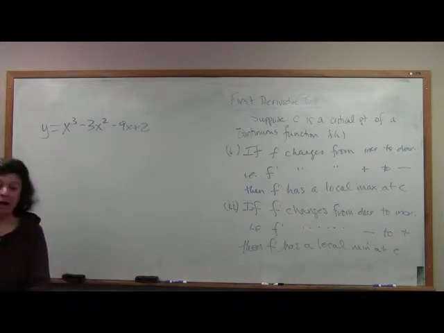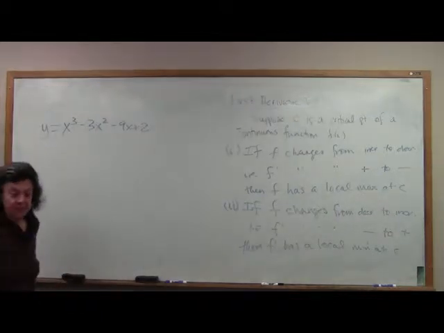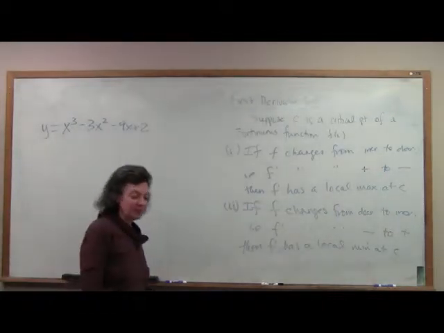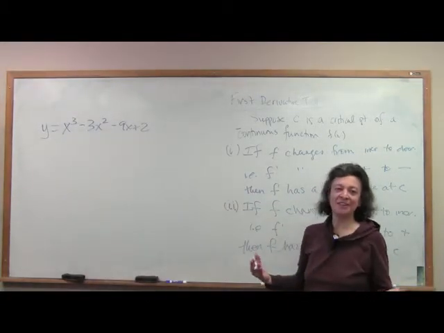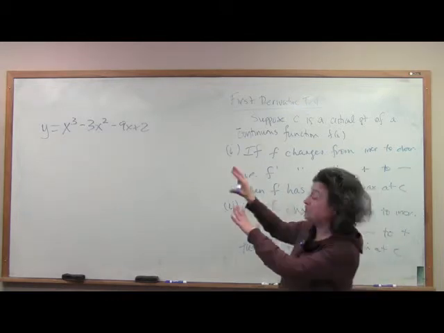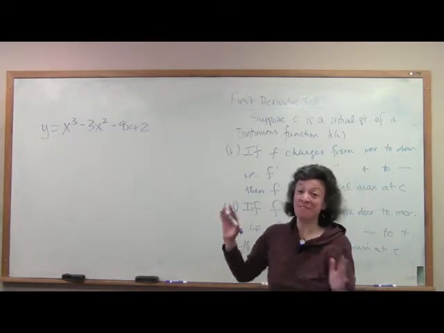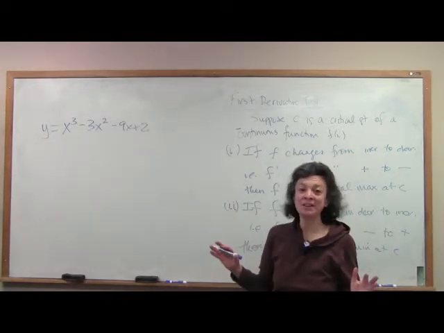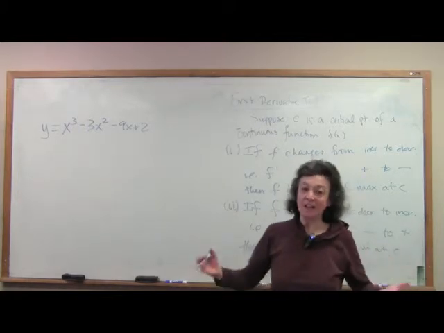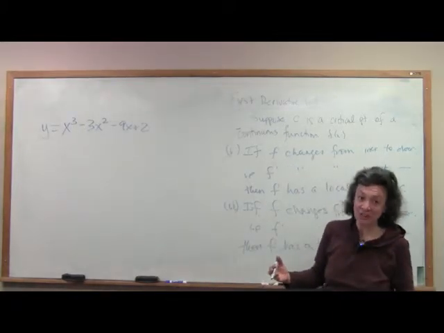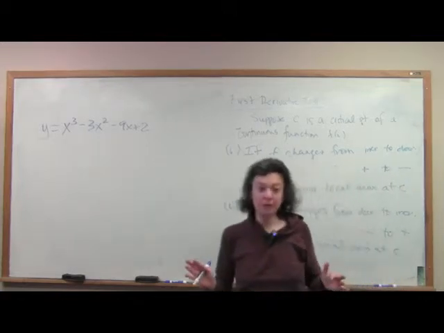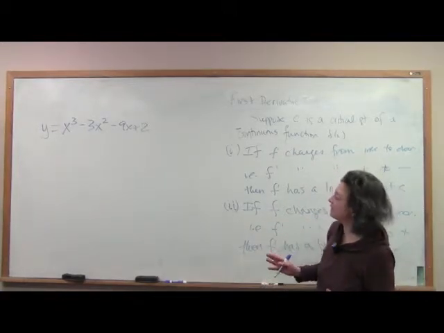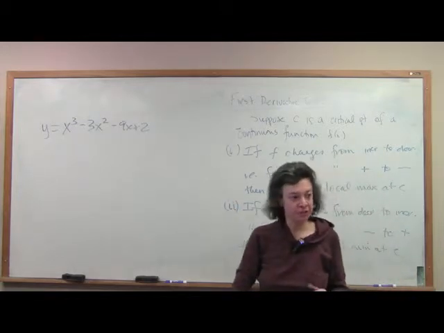Now, I'm going to take this example a step further just because I can't help myself. What I want to show you is how cool the calculus is, because once we take our first derivative and find our critical points and characterize them, we can essentially get a really decent graph of this function already. Now, I always take a step back when I write down a polynomial function and I say, okay, this is a third-degree function.